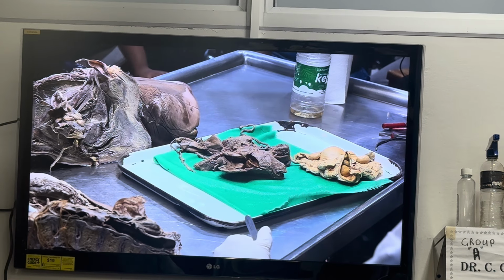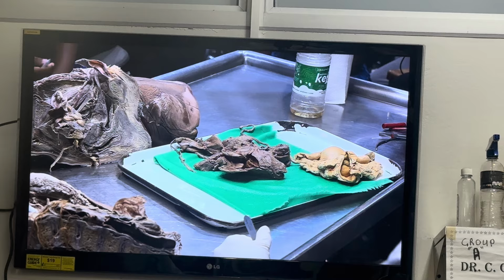What type of epithelium do we associate with the female reproductive tract? Females are this type of epithelium, males are this type. Male is what type of epithelium? Pseudostratified columnar with stereocilia.